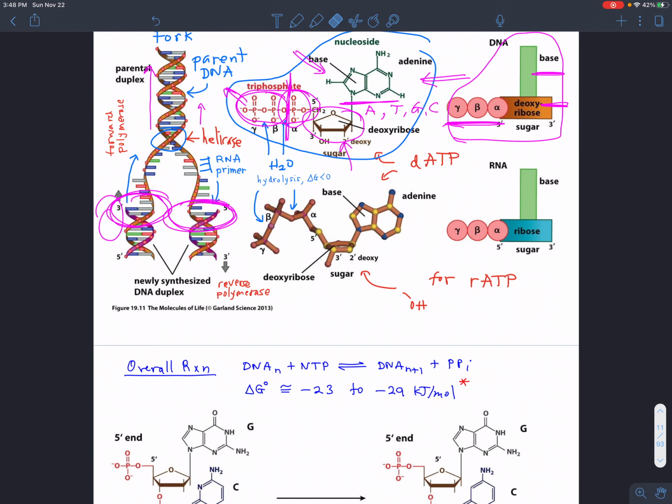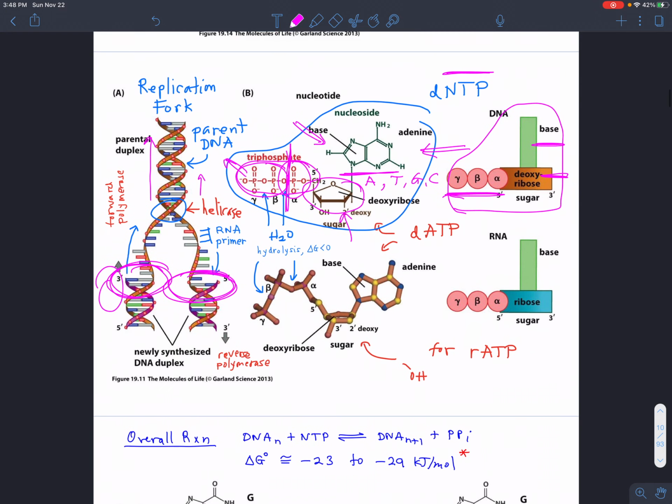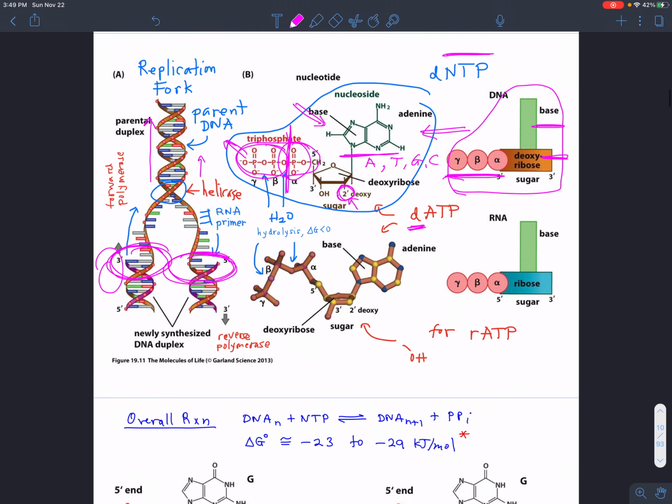Also, let me just point out at this point that there is a difference between DNA and RNA. When it's DNA, that little D there means deoxy for DNA. There's nothing here. There's a hydrogen here. There's no OH group there. It's deoxy because if you're thinking of RNA or ribose as the sugar, there should be an oxygen, there should be an OH group there, and it's deoxy because that OH group is missing.